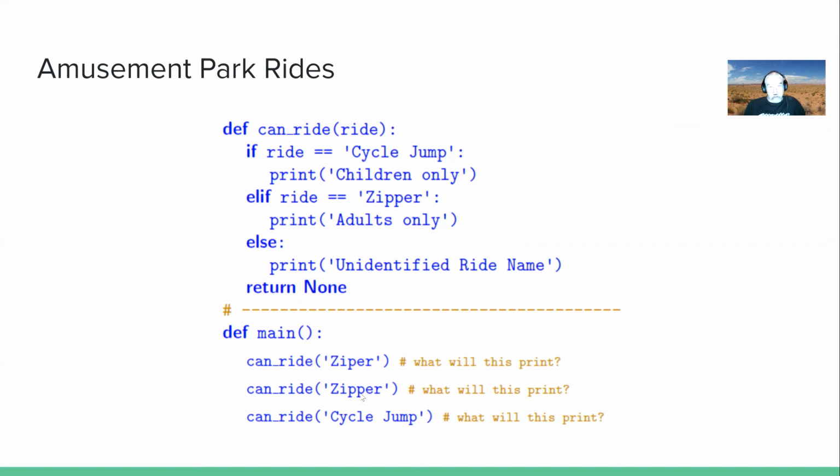If you do canRide Zipper with 2p's, then it would encounter this first, ride equals Cycle Jump, that would be false. Else if ride equals Zipper, this would be true, and so it would print adults only. And then the last one, canRide Cycle Jump, it would test whether ride equals Cycle Jump, it would evaluate to true, and then it would print this and skip all the rest after that, right?